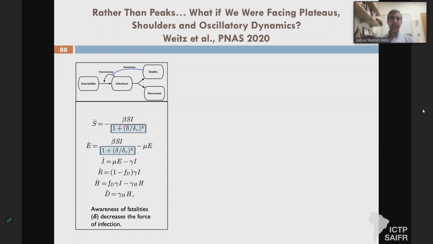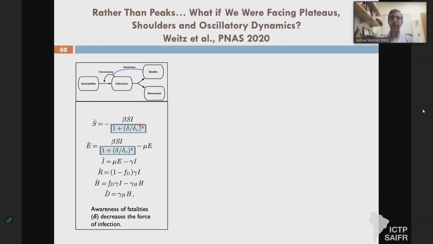The difference here is that the force of infection is going to be modulated by this term, where delta is going to be the fatality rate, this D dot. And it's just hard to write D dot, so I'm writing it as delta. And there'll be a critical level of fatalities, so new fatalities in a week. And if the fatality rate is much below that, this term all goes away and we get a standard model.